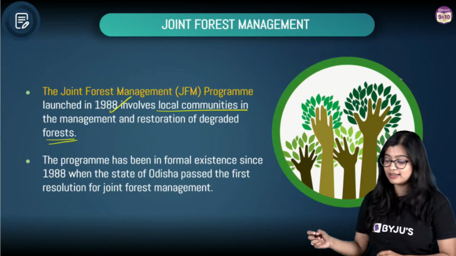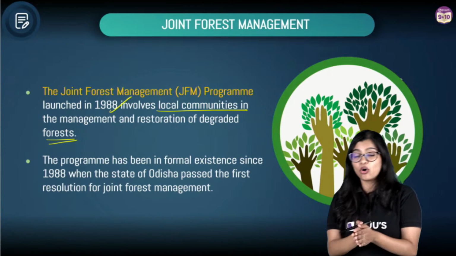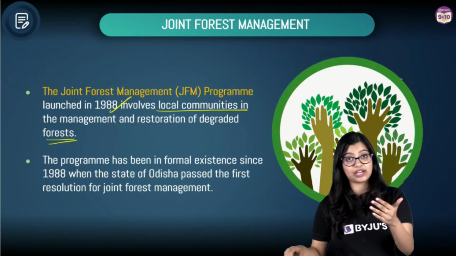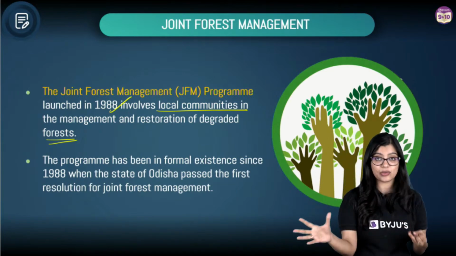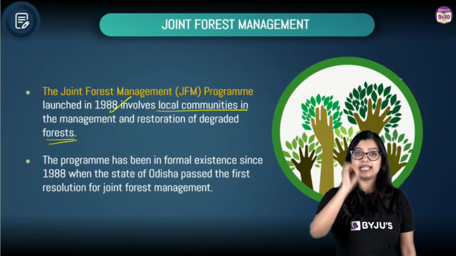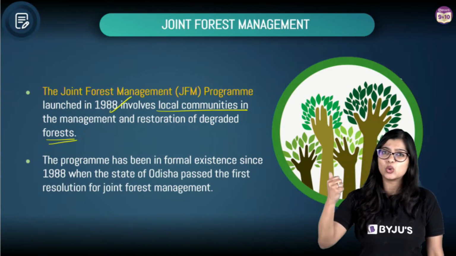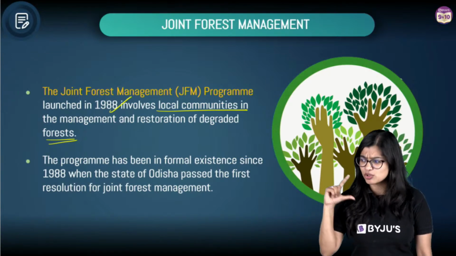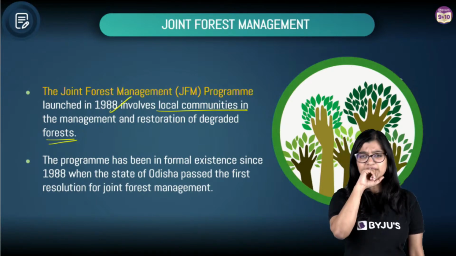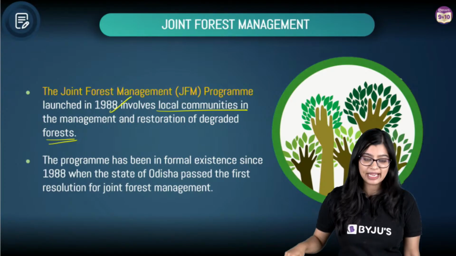In this case, the local communities or the villagers are actively involved in the protection and conservation of the forest, and in turn they are given non-timber forest products, right? Non-timber forest products include medicinal plants and maybe some kind of flora. These are all some examples.